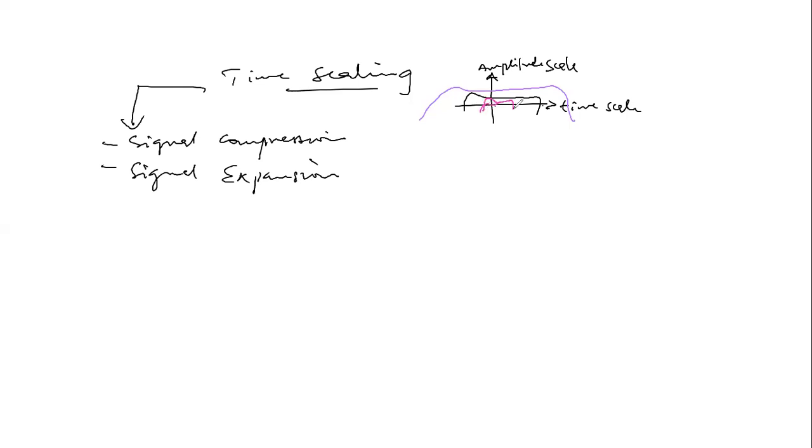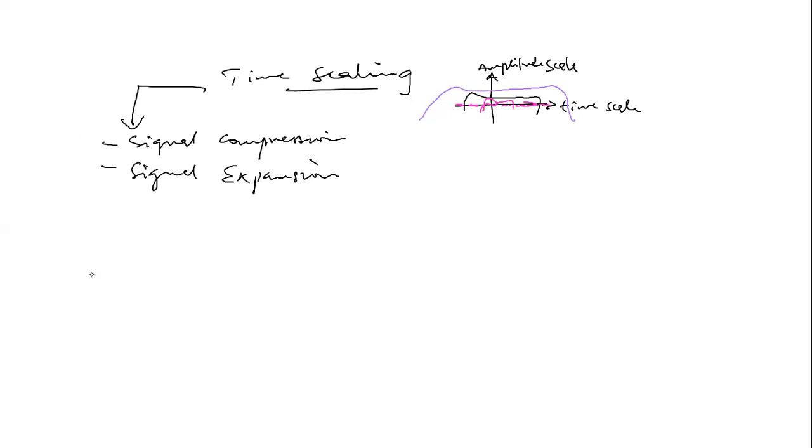So once we are making any adjustment around this time axis, we are either going to be spreading or compressing. So what does this imply?